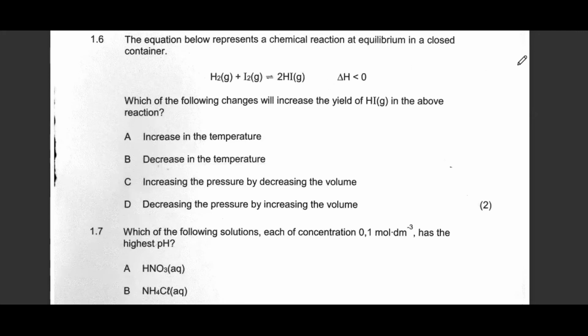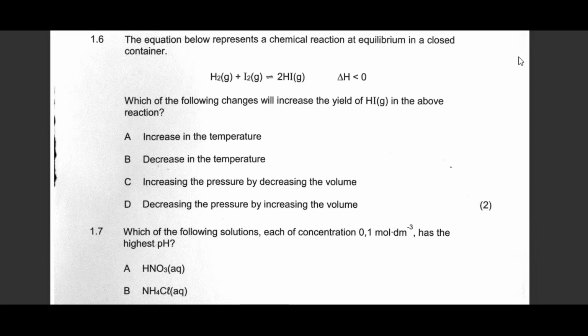Then question 6, they're saying the equation below represents a chemical reaction at equilibrium in a closed container. Yes, if it is in a closed container, which one of the following changes will increase the yield of hydrogen iodide in the above reaction?